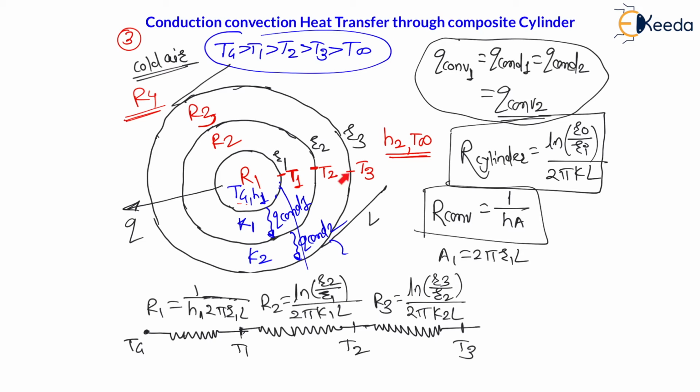And my dear students, between T3 and T infinity there is a convection resistance, because there is convection to the outside ambient, at convective heat transfer coefficient H2 and temperature T infinity.